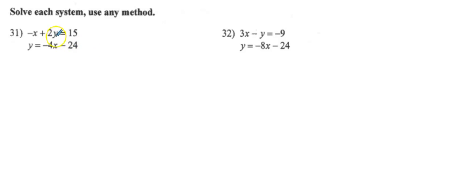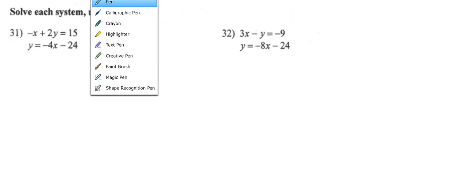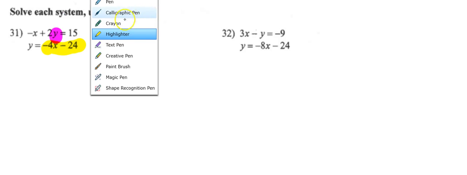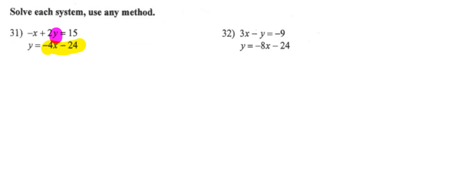I'm going to substitute this part right here, that y equals, and I'm going to substitute that for this. So let's see what that looks like. I'm going to rewrite that top equation, but instead of writing y, I'm going to write all of this in yellow.